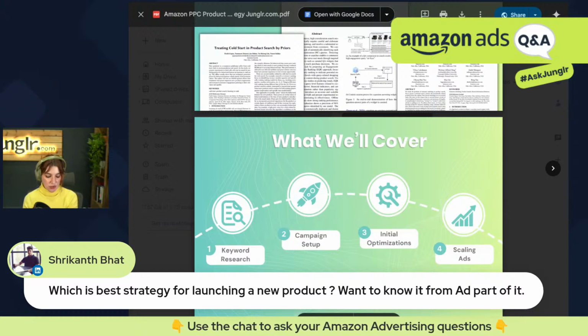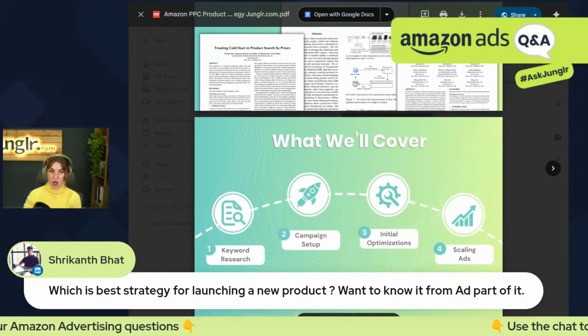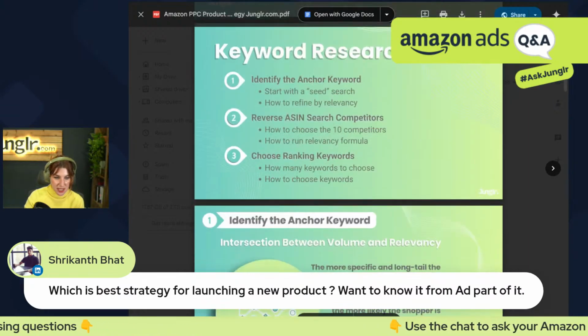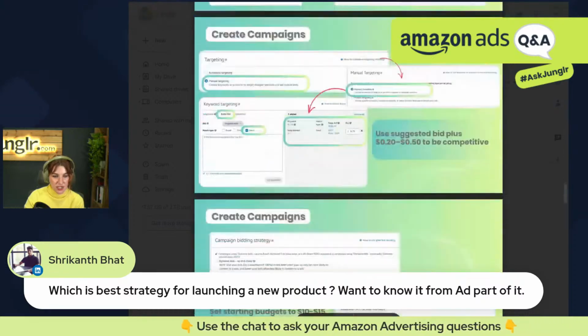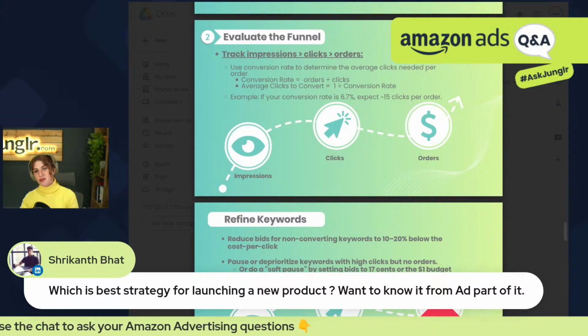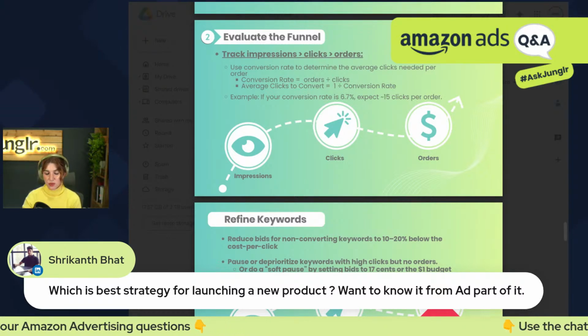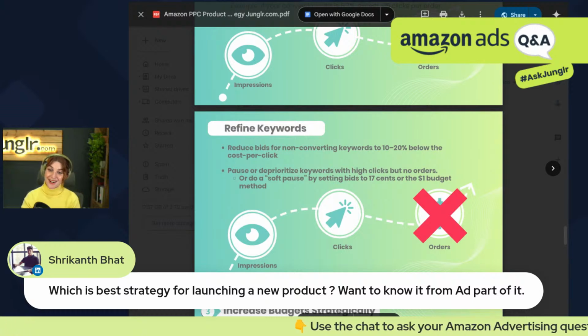So what you are going to do is push your bids so you can make sure you gain impressions. Let me get back to that slide. Goal out of the gate is going to be impressions because you're going to look at it from a funnel. So you've got to push bids so you can get impressions. From there, you'll start validating, which are clicks and orders. So our goal is to see which of these keywords are getting clicks and orders, and which ones are not.